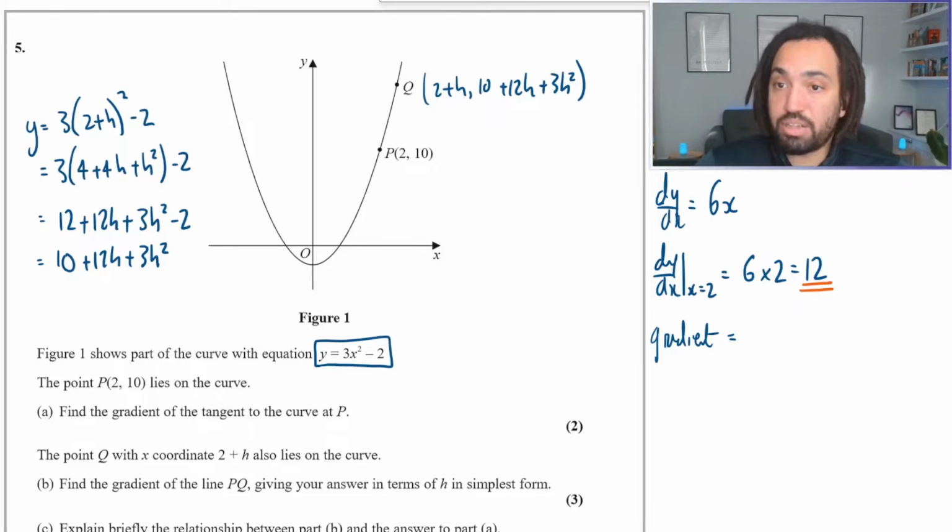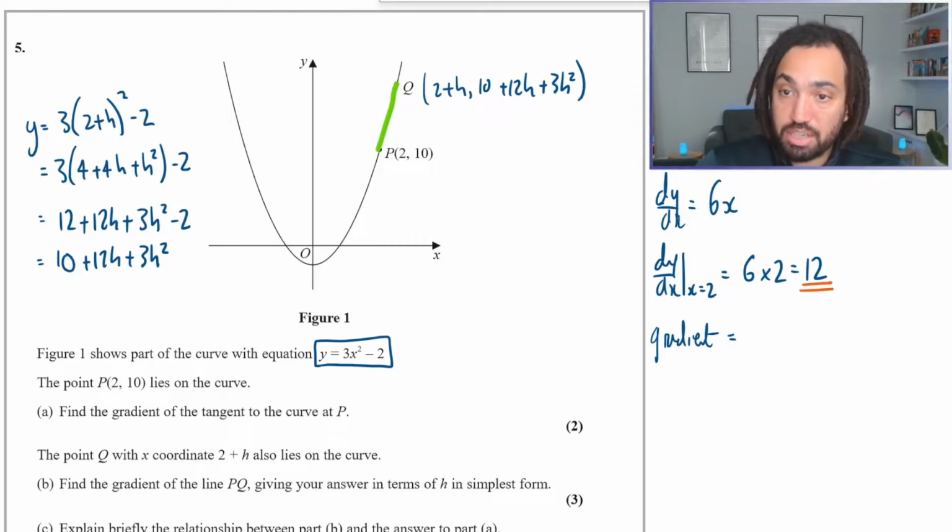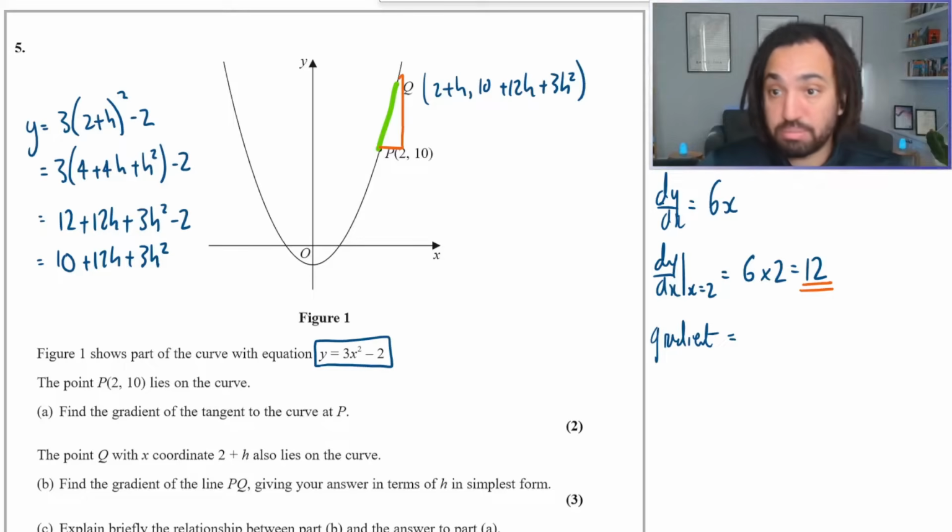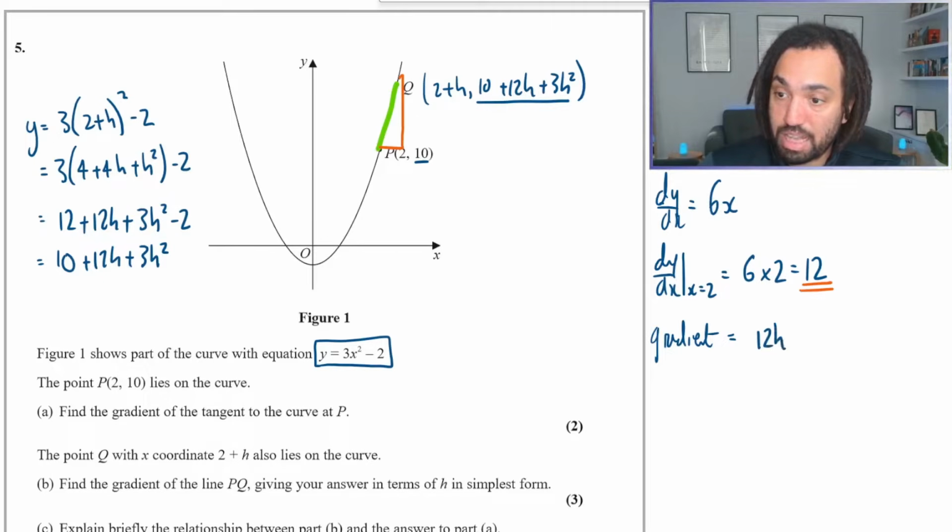Okay, now how do I work out the gradient? Well, it's the change in the y over the change in the x. So how does the y change? Well, we do y2, which is this, minus y1. So let's take away 10 from this, and that's just going to give me 12h plus 3h squared.